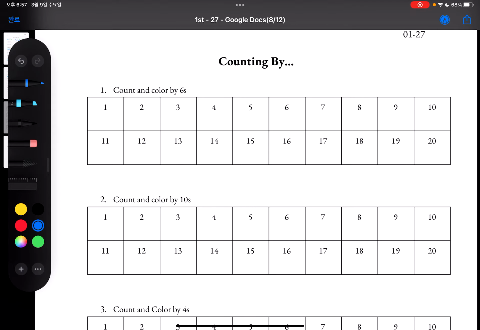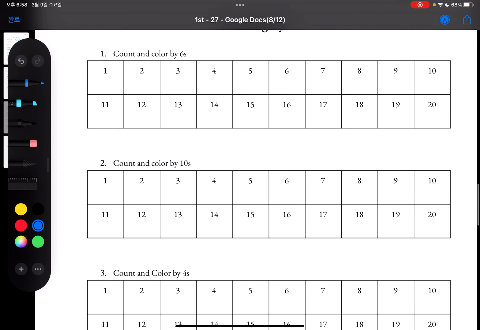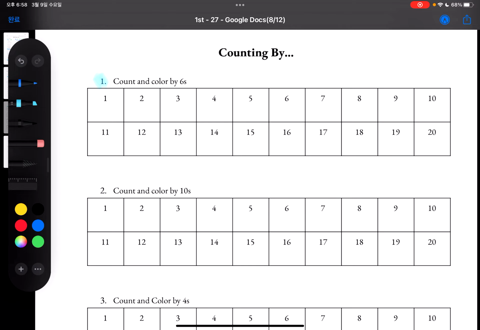Now the next section is about counting by, and there's only 4 questions of similar type. The first question says, count and color by 6. So we're going to go by 6. 1, 2, 3, 4, 5, 6, and color in every 6.